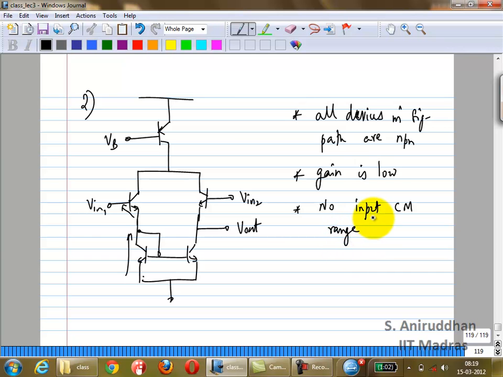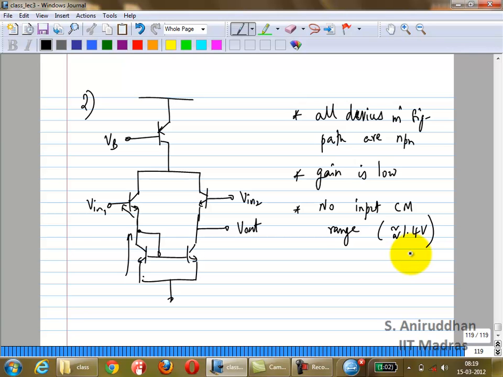So this is the problem with this stage. It's always stuck at around 1.4 volts.